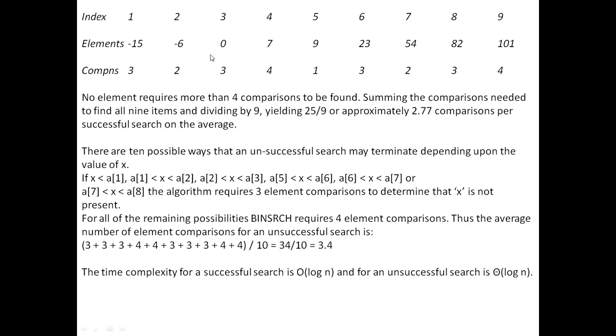For example, if x happens to be less than minus 15, or lies between the first index and the second index, or between second and third, or between fifth and sixth, or between sixth and seventh, or between seventh and eighth index, they need 3 comparisons to say that that particular x is not present.